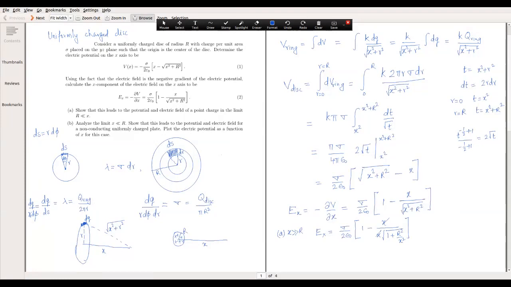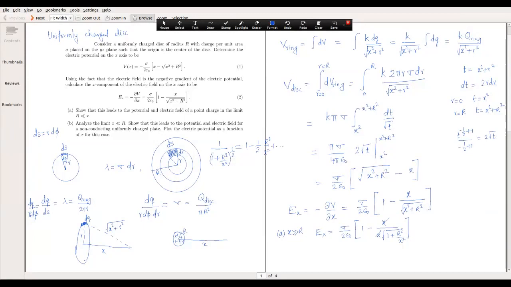Once you have an expression like 1 over 1 plus r square over x square, the square root can be written as the power of half, and the series expansion for this is 1 plus the power, which goes in the numerator as minus half, times the term r squared over x squared.